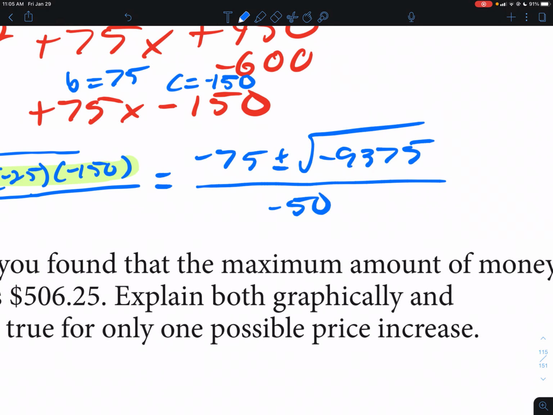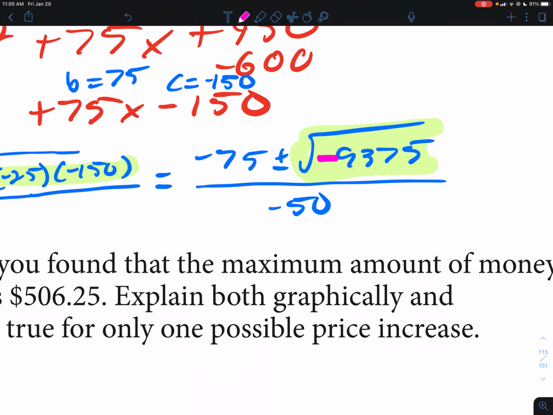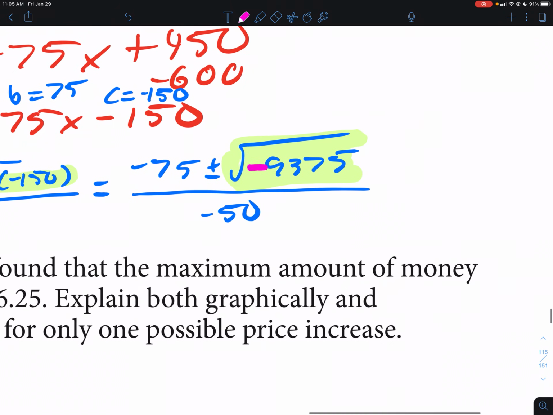Now, what's important here is what's happening in this radical. I know it's a big number, but what do you notice about this number? It's negative. And we talked about this in class, okay? Whenever the number in your radical is negative, you're going to have an imaginary number. So it doesn't really matter what happens with the 9,375. What's important is to notice that this is negative. So this is going to be an imaginary solution.